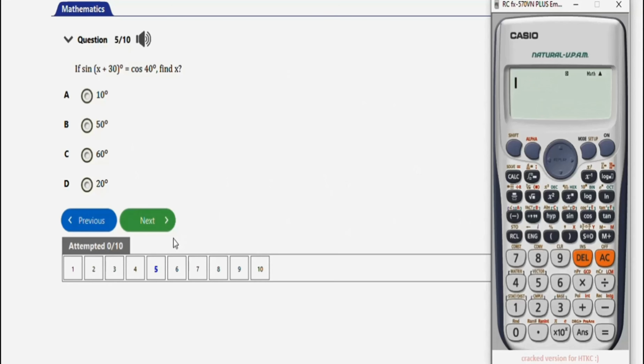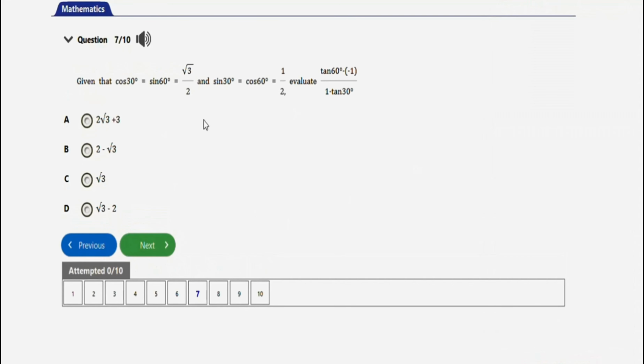Next question will be this one. It says, given that cos 30 degrees equals sine 60 degrees, sine 60 degrees equals this, and sine 30 degrees equals cos 60 degrees, and cos 60 degrees equals half. Evaluate this. So this is straightforward. Let's do the calculator now.